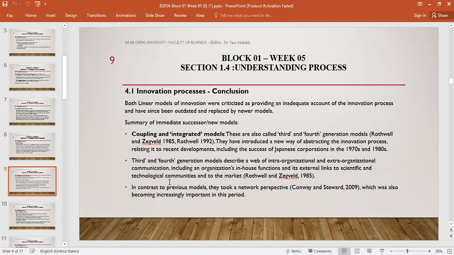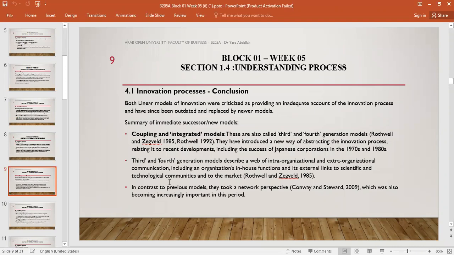It should be a kind of integration if I'd like to come up with a new technology. These models concentrated on the integration, the intra-organizational communication, and also the extra-organizational communication. Why? Because you can contact the suppliers, you can contact the customers, so you need extra-organizational communication.